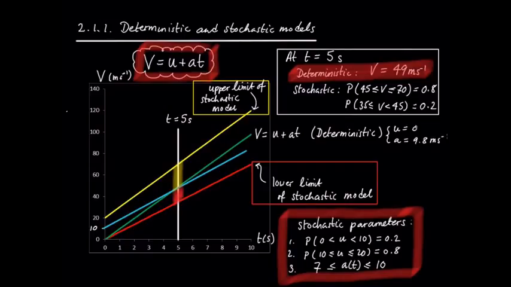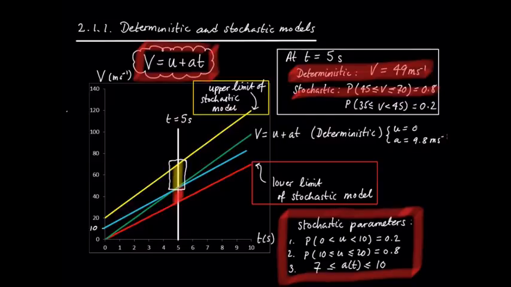So what we can say then is that in the area which I've shaded a yellow colour just here, it's more likely that the velocity will be somewhere between 45 and 70 meters per second, because the initial velocity had an 80% chance, at p equal to 0.8, of being between 10 and 20 meters per second.